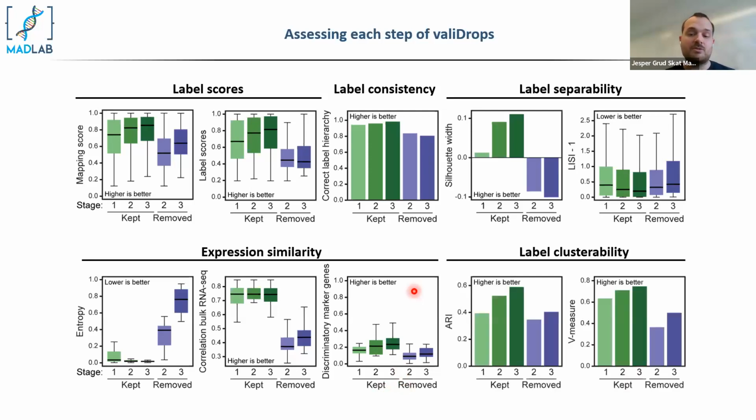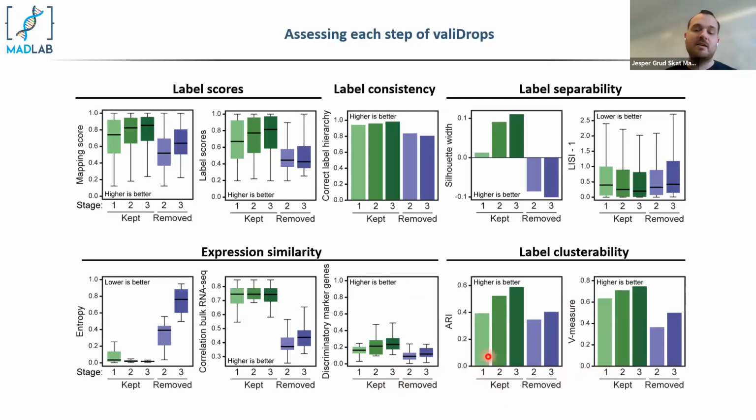Finally, we also try to cluster the cells and see how well clustering can recover these transferred labels. We evaluate that using different metrics. Here we have the adjusted RAND index and the V-measure as examples.